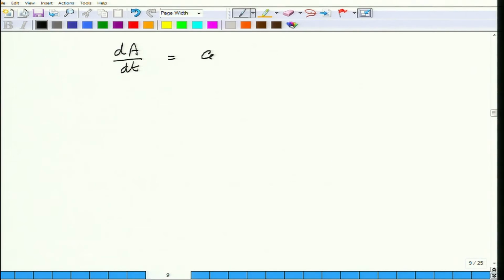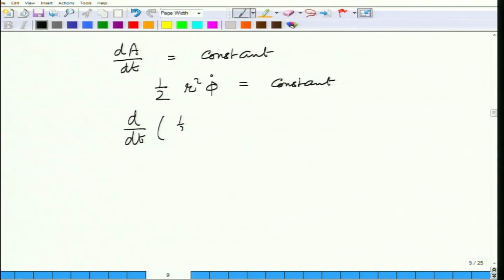What Kepler's second law says is that dA/dt is a constant, which means that 1/2 r square phi dot is a constant, and therefore if I take the time derivative of this quantity, since this is a constant, it's going to be 0. Let us now take the derivative.